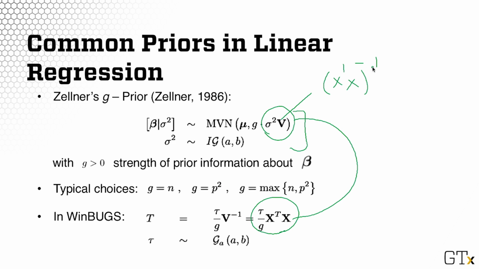And then you also put in a constant. There is a constant g that actually measures the strength of information. And usually for Zellner's priors, this constant g is taken to be the sample size, or the number of parameters squared, or the maximum of the sample size and the number of parameters squared.